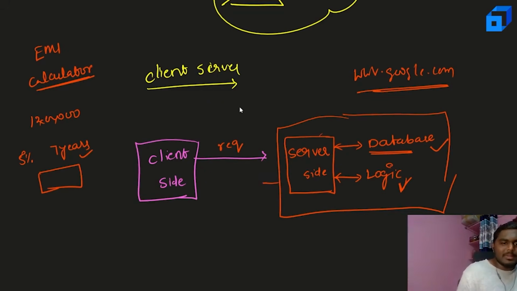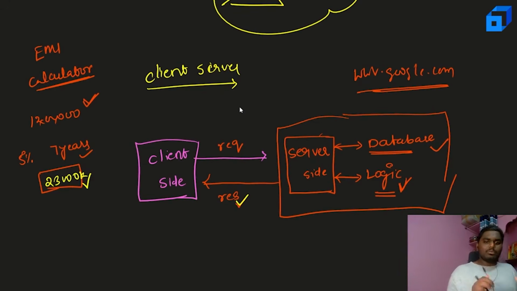So it will send some response back to the client. Even if it is logic, like in this example, it still has to send a response, such as you have to pay 23,000 monthly. That is also a response.